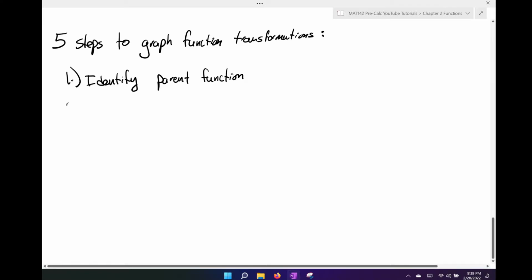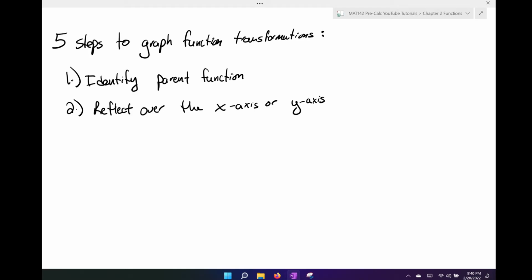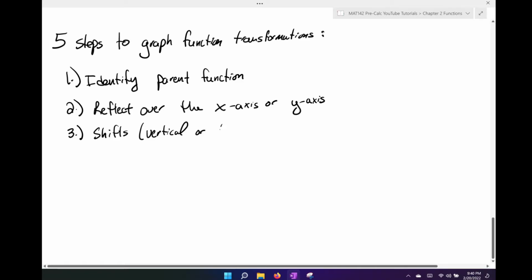Step 2. Reflect over the x-axis or y-axis. Step 3. This is where you're going to do your shifts. All right, this is either going to be vertical or horizontal.